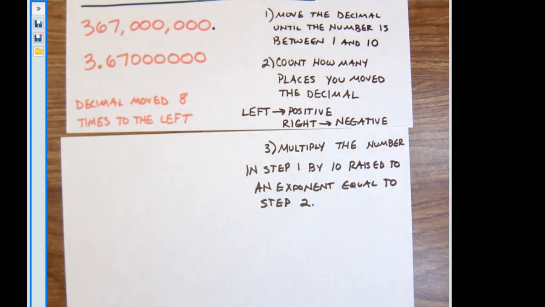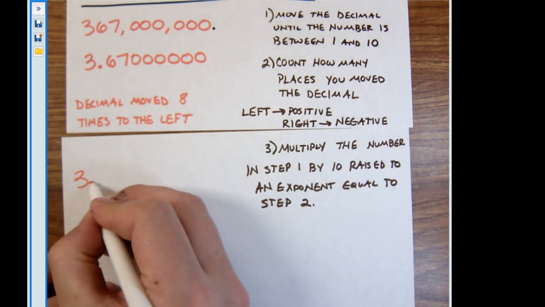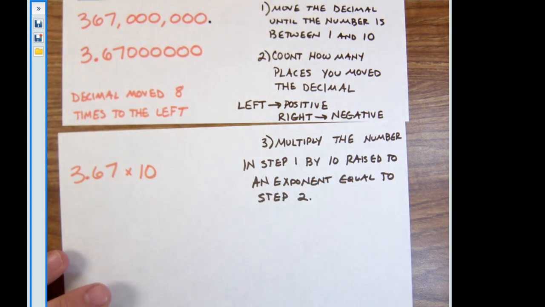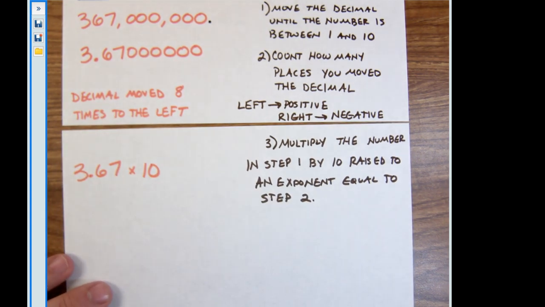So, what was the number that I came up with after step 1? 3.67, multiplied by 10 raised to the number that I found in step 2, which was 8.